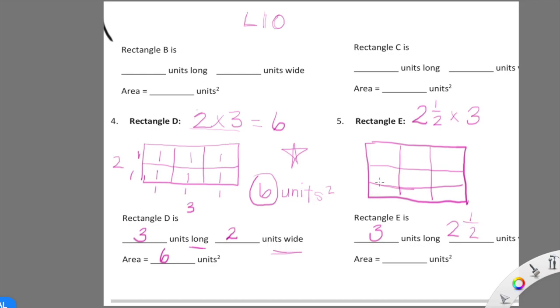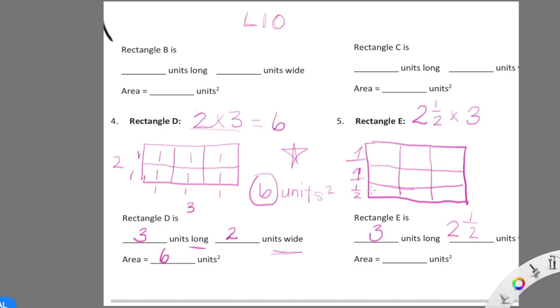So that's 1 unit, 2 units. Actually, we'll say 1 unit, 2 units, and then this is our half. And then let's label our rectangle. So we have 1, 2.5.